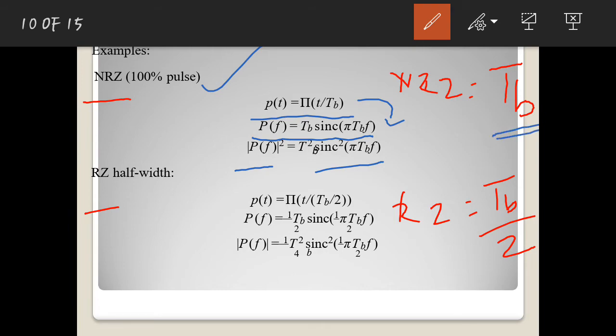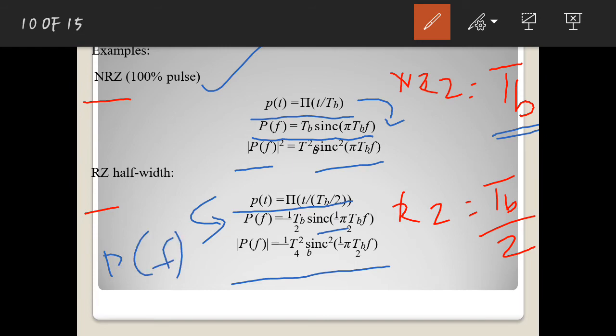When you come to RZ, the basic pulse is rectangular, but what is the time period? TB by 2. In the frequency domain calculation, you have it as a sinc function. Now you are squaring the sinc function, so it is TB squared by 4. That's how your pulse is distributed in terms of the P of f calculation.